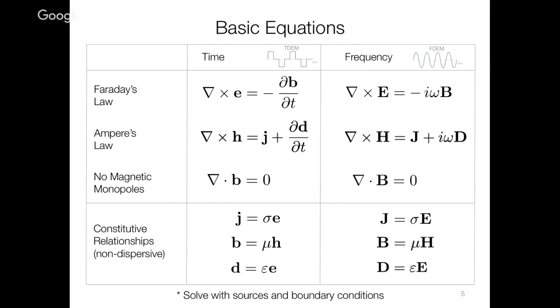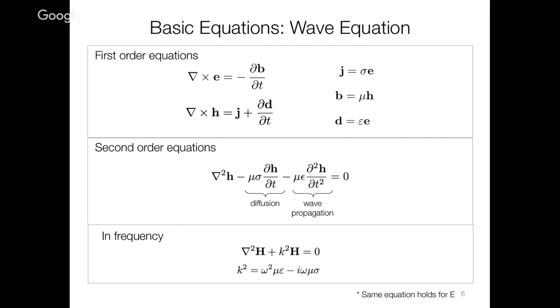So this was the conduction current, the sigma E, that's Ohm's law, and this is just another current called displacement current that can arise. If we take the first order equations and combine them into a second order equation, it looks like this. This term we had left out before. Today, this is the term that is not only going to be left in, but is actually going to become dominant as the frequency gets higher.